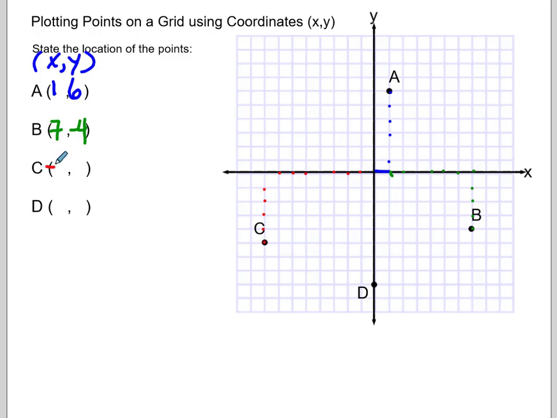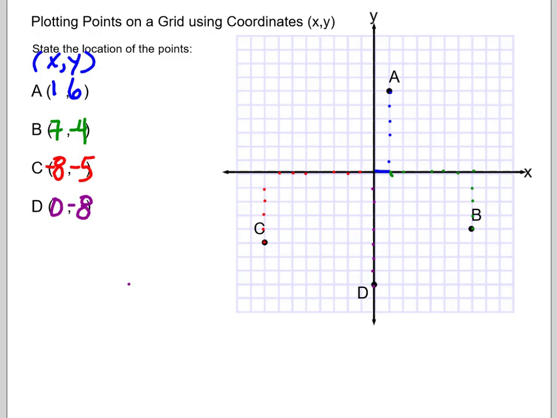So this would be -8 because I went to the left, and down -5. Okay, and then lastly, D is down 1, 2, 3, 4, 5, 6, 7, 8, and we did not move in the left to right direction, so it's a 0 for the X and -8 for the Y.